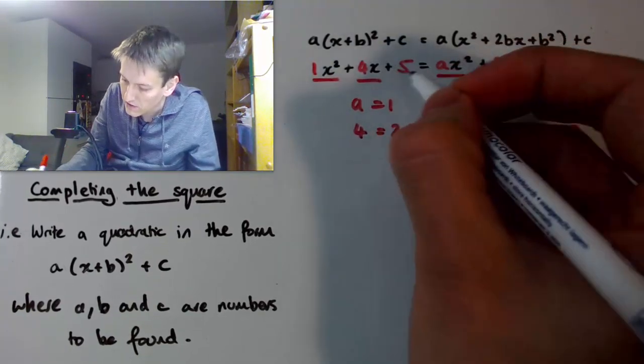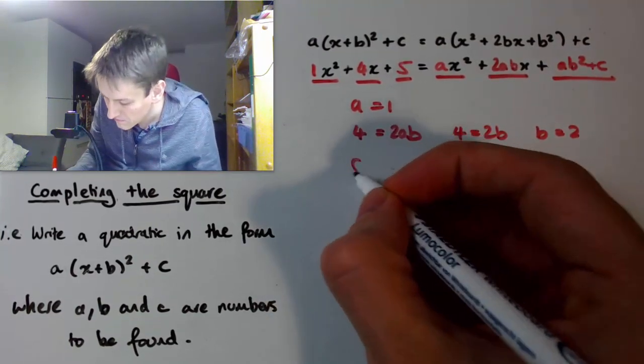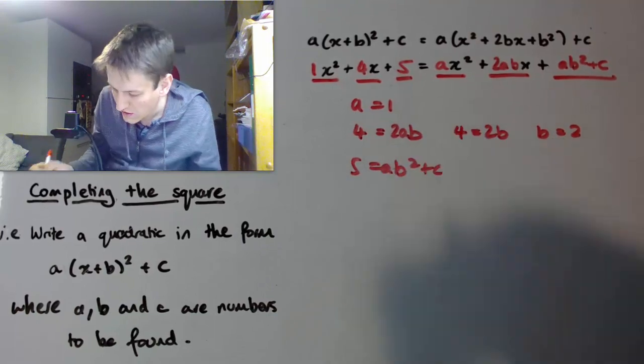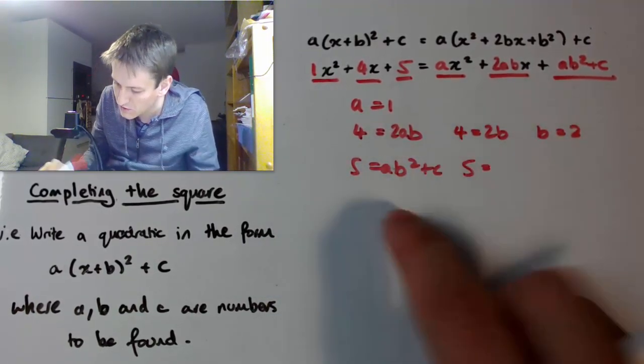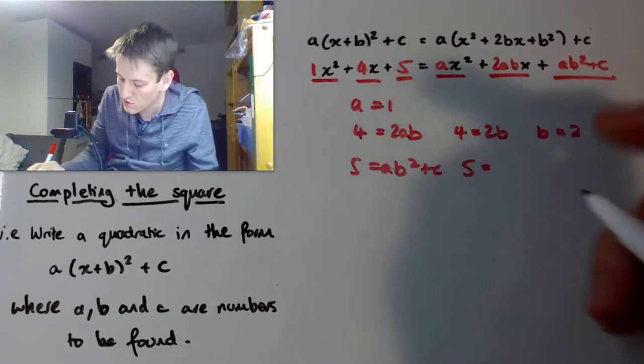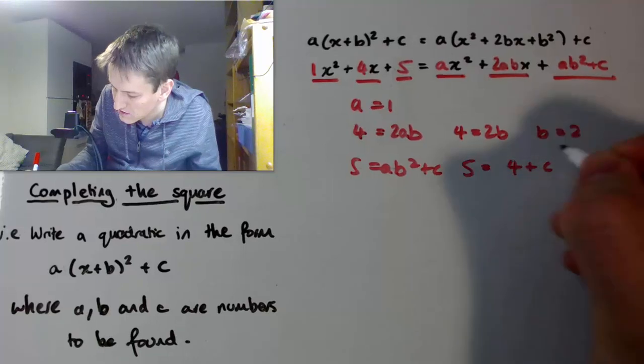And finally, for the last one, I've got 5 is equal to ab squared plus c. But I know what a and b are now, so 5 is equal to 1 times 2 squared, which is 4, plus c, so that gives me that c is equal to 1.